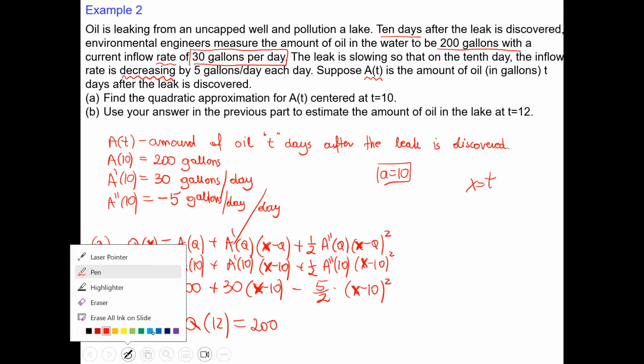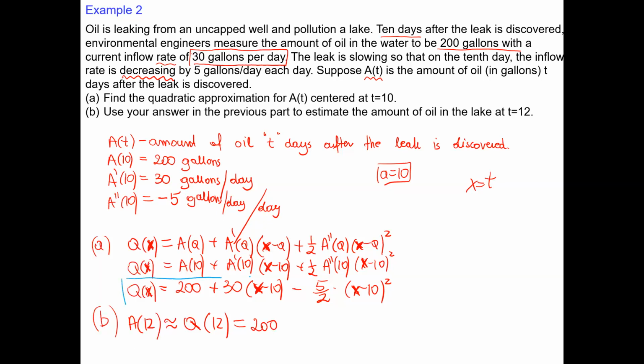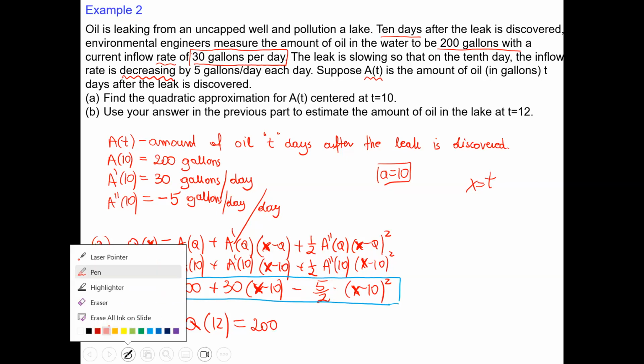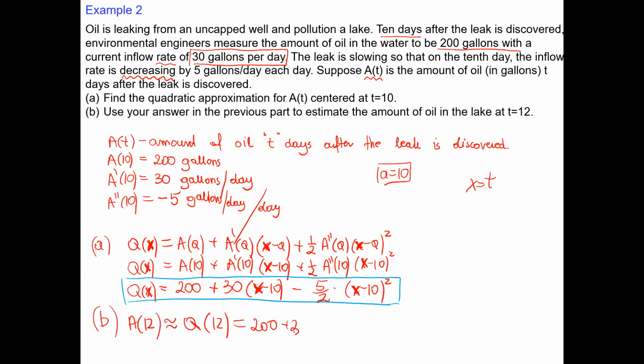I'm just copying this formula, but instead of X, which is supposed to be T, I will put 12. And that means I will copy, okay, 30 plus 12 minus 10. Yeah, delta X, delta T is just 2. We're just going 2 days.